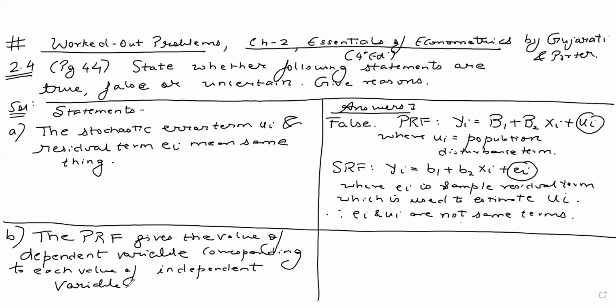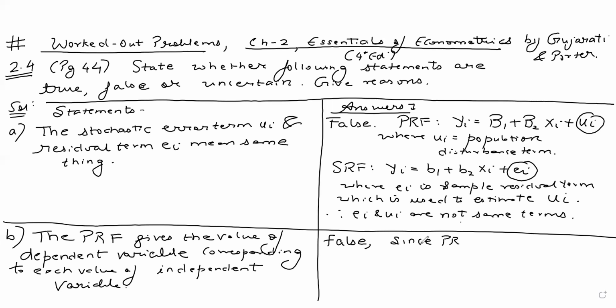Now let's check whether this statement is true or false. If you recall the definition of population regression function, which we had done in our lectures on linear regression, we clearly said that the population regression function is going to give the mean or the expected value of the dependent variable conditional on every value of the independent variable. So if you carefully look at the statement, it is also false.